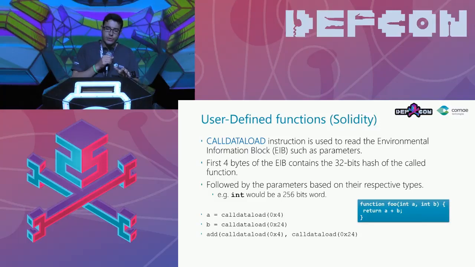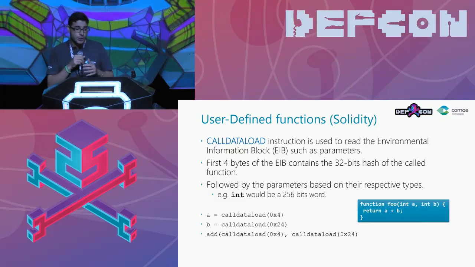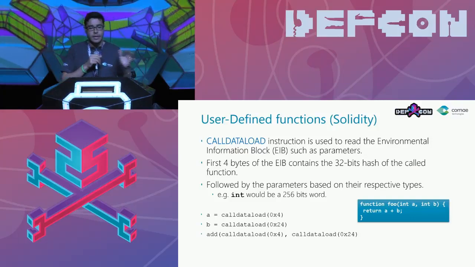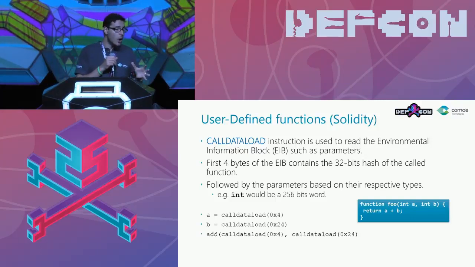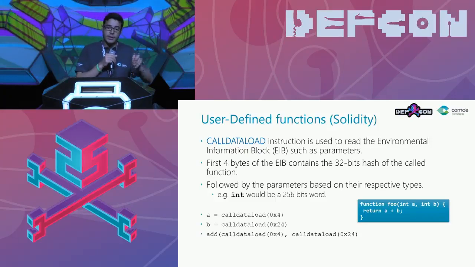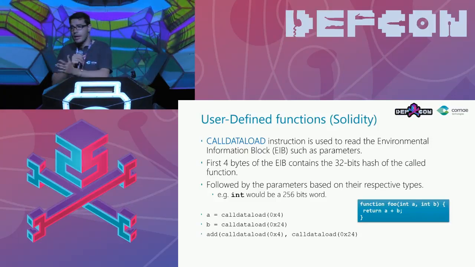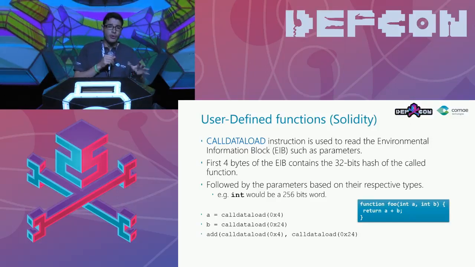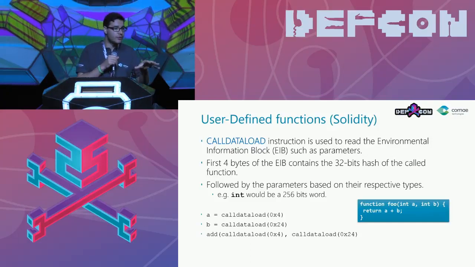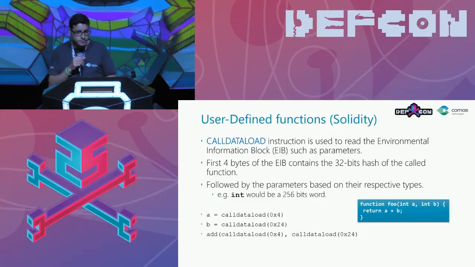So when it comes down to user-defined functions that are exportable by default by each smart contract, you would easily recognize how many parameters they have based on the call data load instruction, which is basically reading the environment information block, which is like a buffer that contains all the input parameters, including the hash of the function we want to execute.